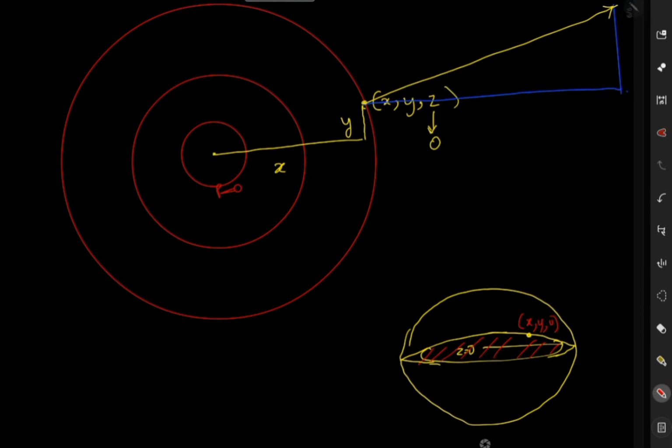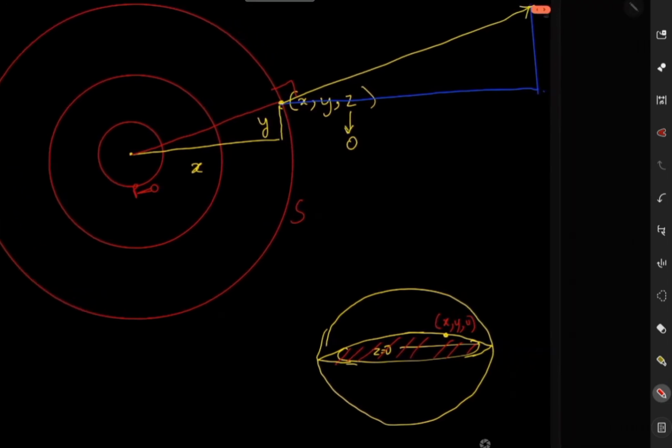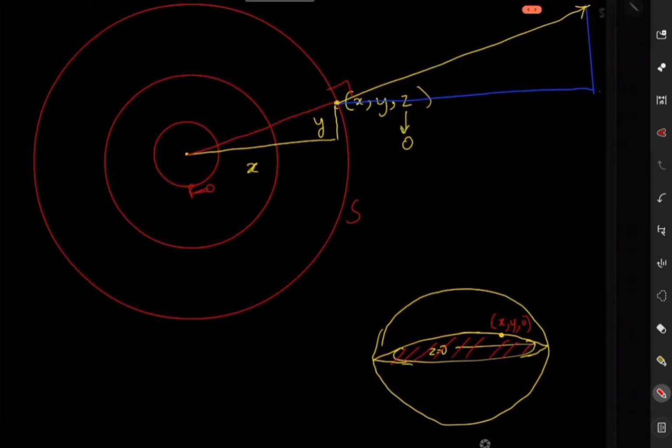What we are seeing here is that this direction is perpendicular to our surface levels. This is our spherical surface. This will be perpendicular. So how will we prove this mathematically?